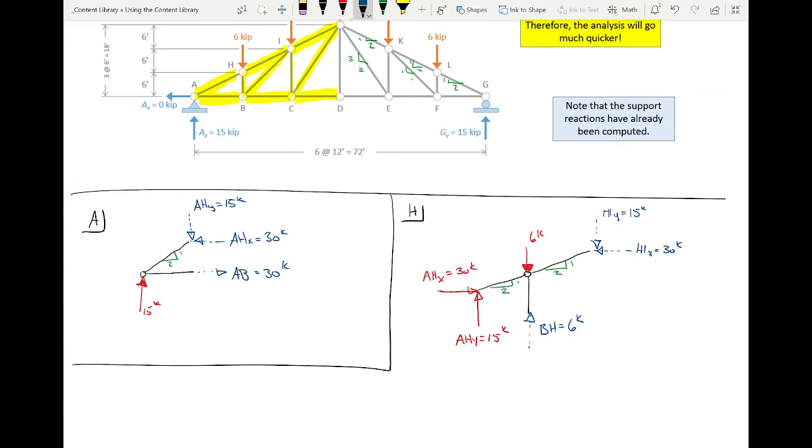Now, something happened in this problem which we didn't really get into in much detail, but I kind of want to discuss. Remember AH and HI are collinear. They're along the same line, right? And not only that, but they're the same answer, right? 30 and 15 compression, 30 and 15 compression. That wasn't by accident.